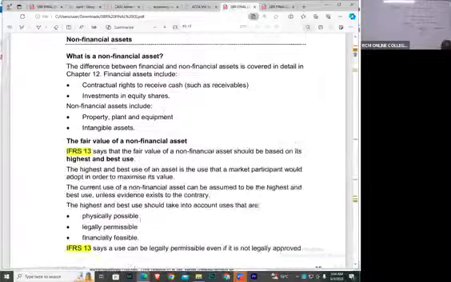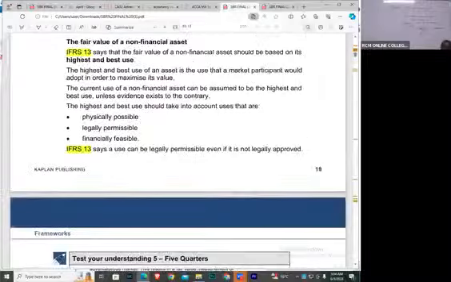The fair value of a non-financial asset. IFRS 13 says that the fair value of a non-financial asset should be based on its highest and best use. The highest and best use of an asset is a use that a market participant would adopt in order to maximize its value.